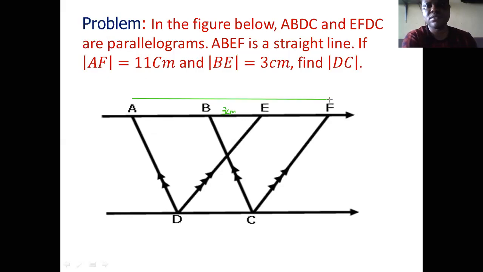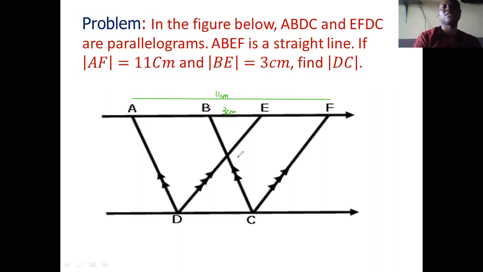Now, AF is 11 centimeters. Don't mind my centimeter, the writing pen is somehow off. Let's just manage it.